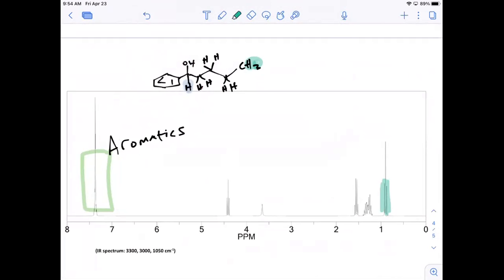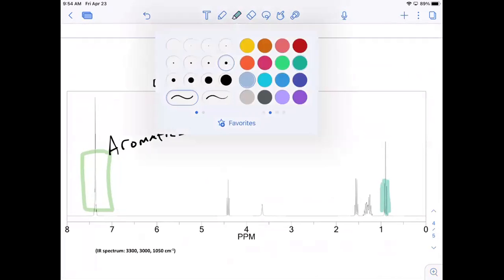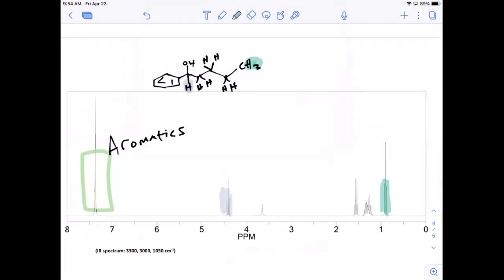What about the triplet down here? What about this one? What do you think? Look where it is. Is it going to be the one connected to the alcohol? Yep.